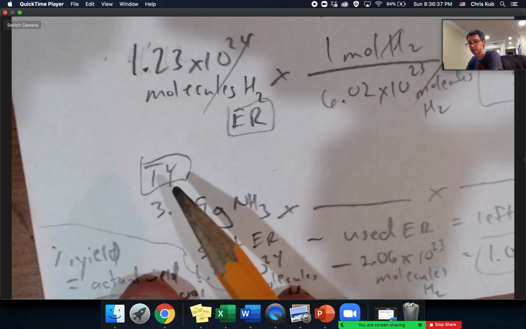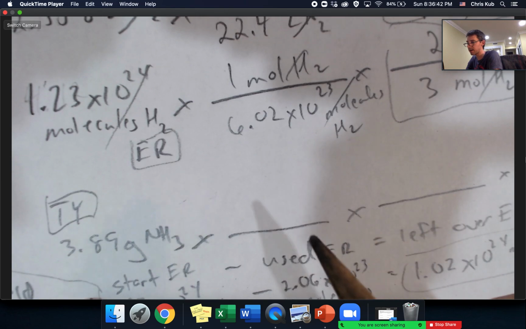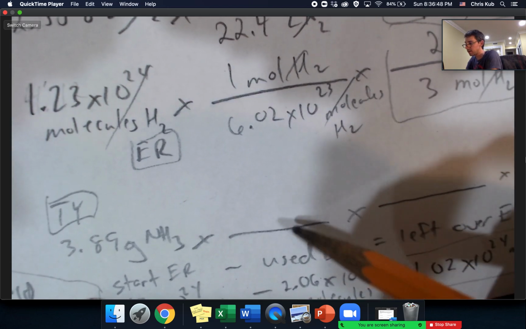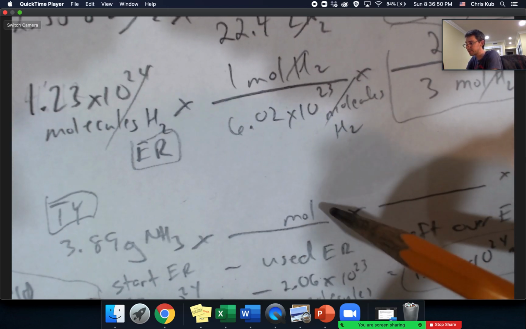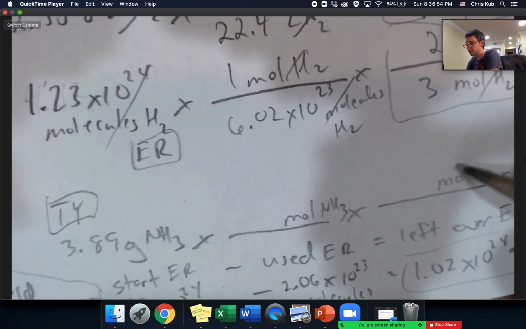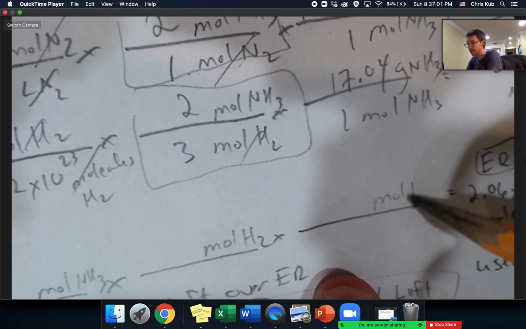Convert from your theoretical yield of the product into the amount of that excess reactant that would be used to make that. So let's convert from grams of NH3 into moles of NH3, and then from moles of NH3 into moles of H2, and then from moles of H2 into molecules of H2.